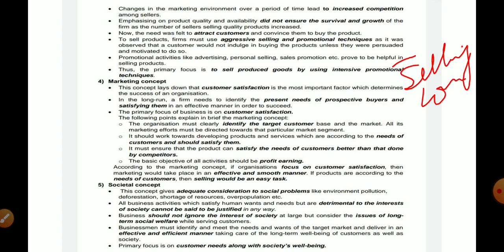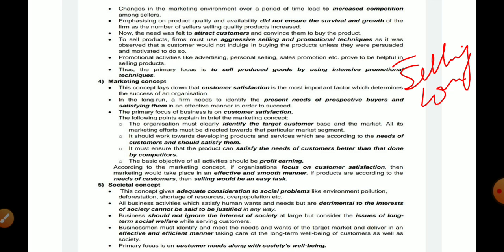So they focus on customer satisfaction. In the long run, the firm needs to identify the present need or prospects of buyers and satisfy them. So customer satisfaction is a primary focus, and identifying the target customer is also a primary focus.